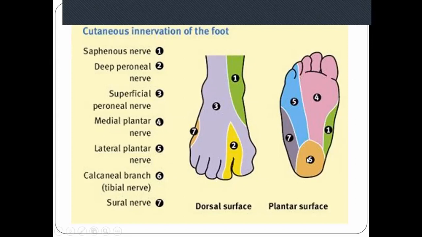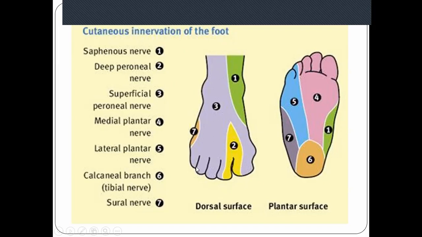This is the dorsal surface and this is the plantar surface. So you can see here the dorsal surface area near the medial malleolus and the medial longitudinal arch is supplied by the saphenous nerve. And the first cleft is supplied by the deep peroneal nerve.